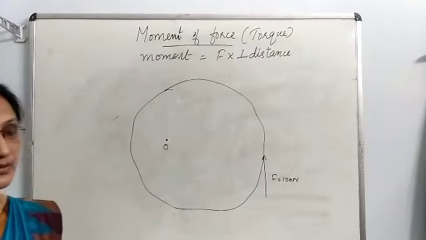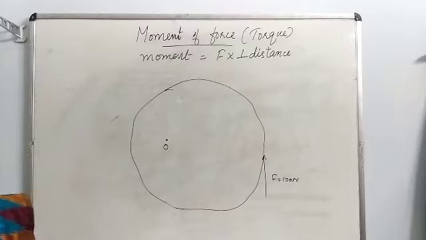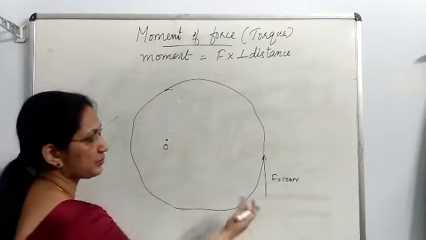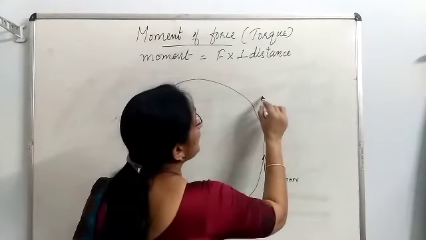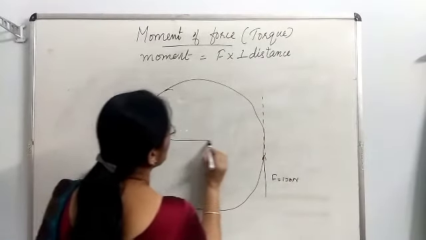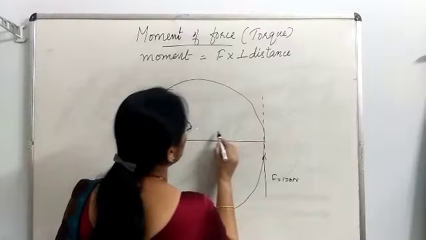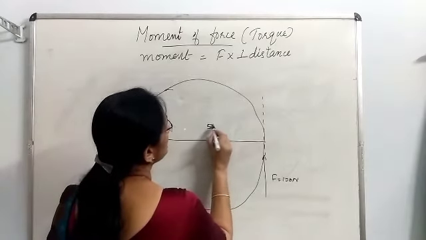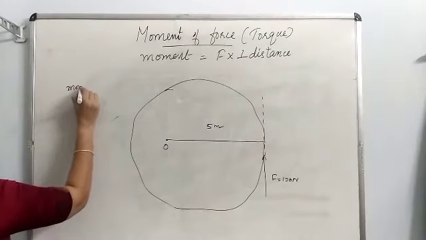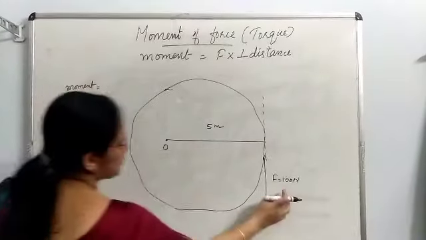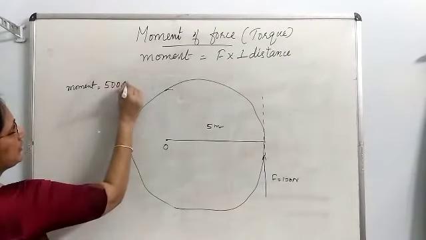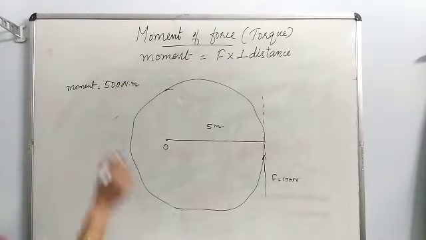O is the pivoted point. Let us calculate how much will be the moment. Moment direction is anti-clockwise. Body will turn anti-clockwise when you apply this force. So draw the line of action of force. Measure the perpendicular distance. Suppose this distance is 5 meter. Then moment will be. Moment is force into perpendicular distance. 100 into 5, 500 Newton meter. This is case 1.